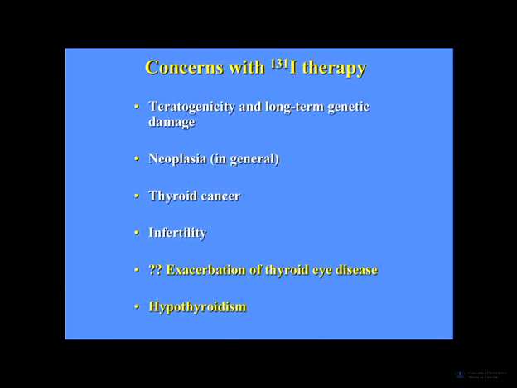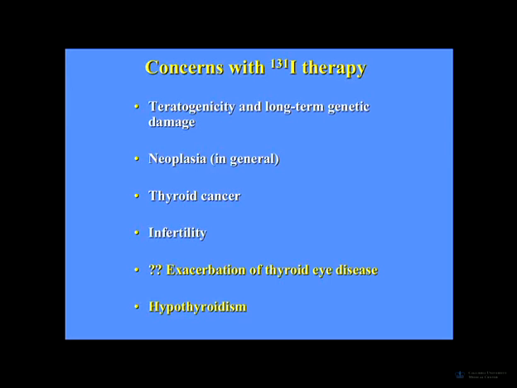Exacerbation of thyroid eye disease. There's something, though, that as I've already mentioned, can happen. Patients who have Graves' disease and active thyroid eye disease can have an exacerbation after radioactive iodine therapy. So in these patients, we either use long-term thiourea or we send the patient to surgery.